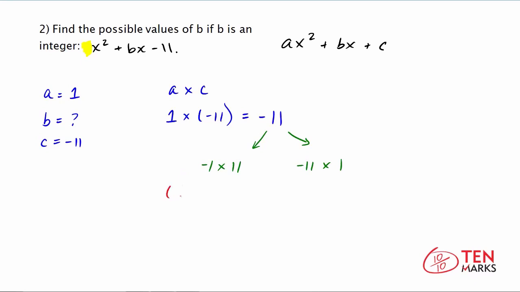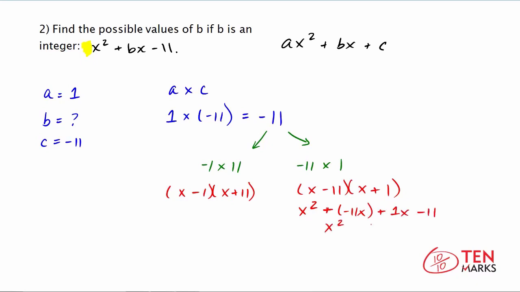Now using these values, you can write the expression x minus 1 times x plus 11. This could be one factor pair, or you could have x minus 11 times x plus 1. Now when you do the multiplication over here with the negative 11 and the positive 1, you end up getting x squared plus negative 11x plus 1x minus 11.